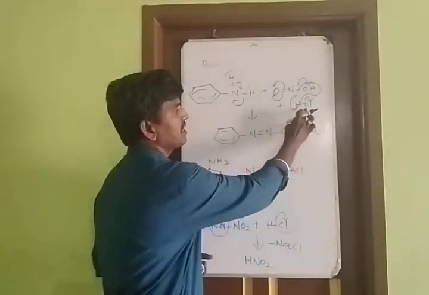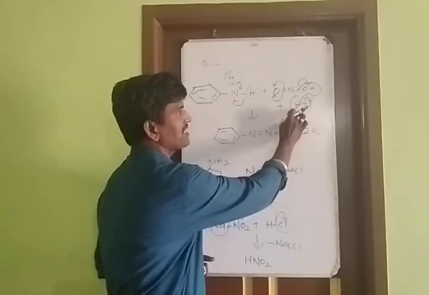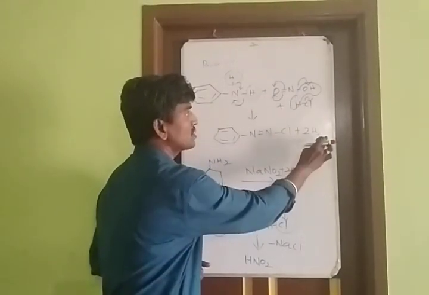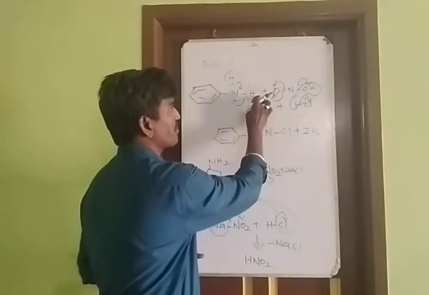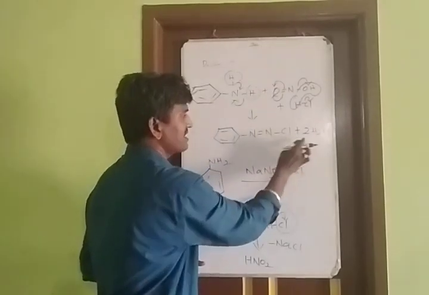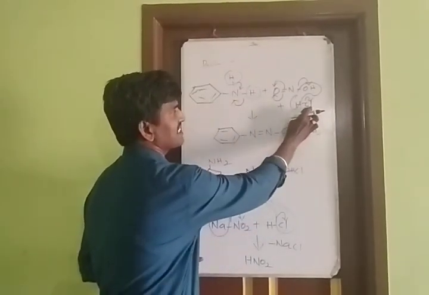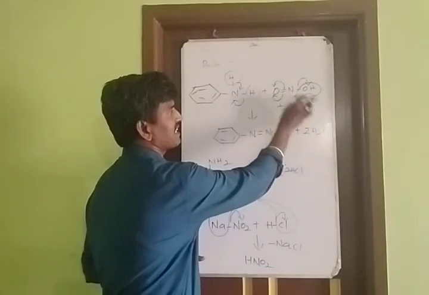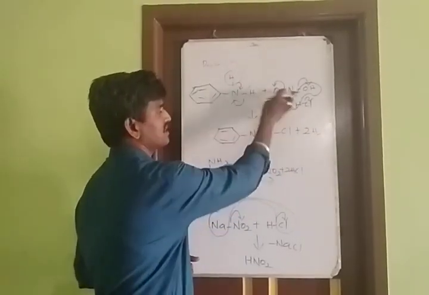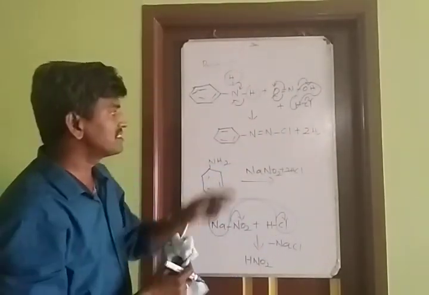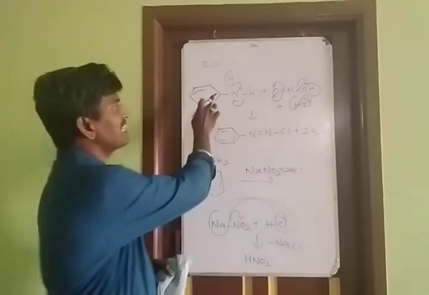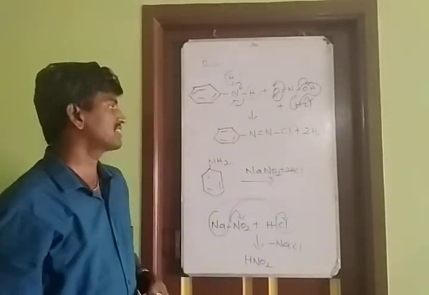Unreacted HCl is there, so another 1 mole HCl. This H plus combines with OH minus, 1 mole of water. These two H plus combine with O2 minus, another 1 mole of water. Already here Cl minus, here N plus NCl, here N2 minus, N2 plus, N double bond NCl. Benzene diazonium chloride. Aniline is converted into benzene diazonium chloride.